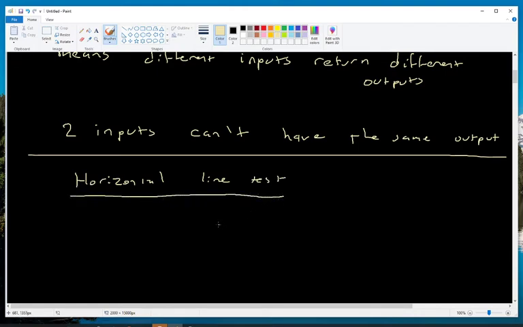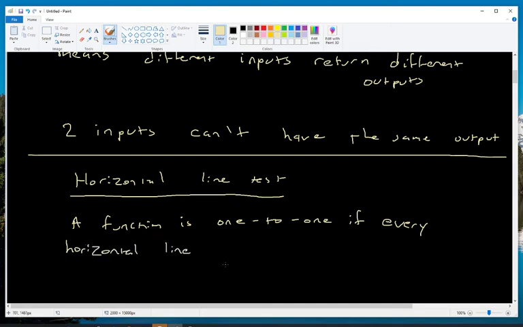We say a function is one-to-one if every horizontal line intersects the graph of the function at most once.